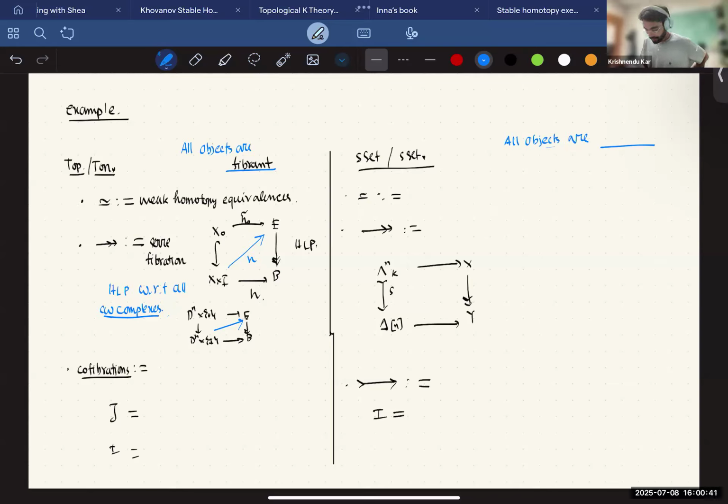Cool. Now it's a nice exercise that if I take a trivial Serre fibration E to B, then I will have lifting with respect to this guy.